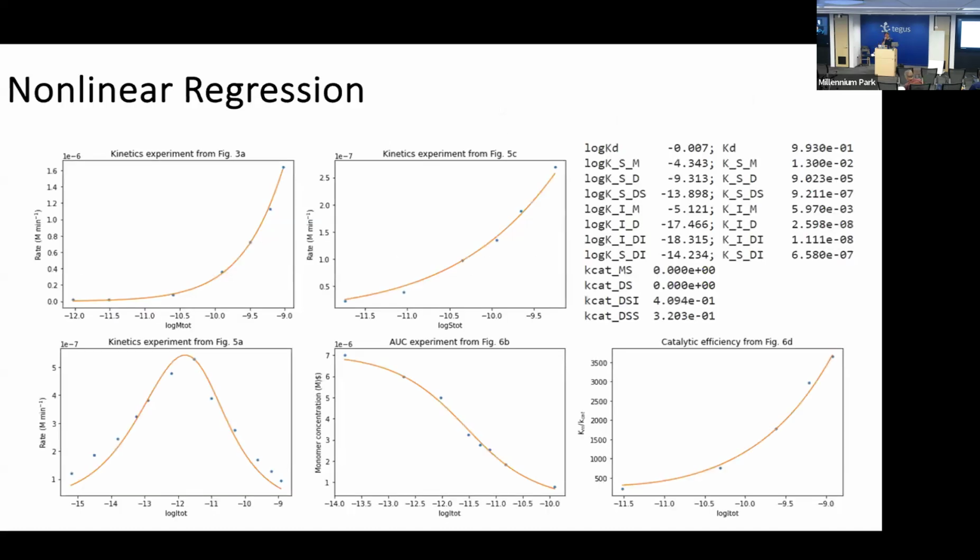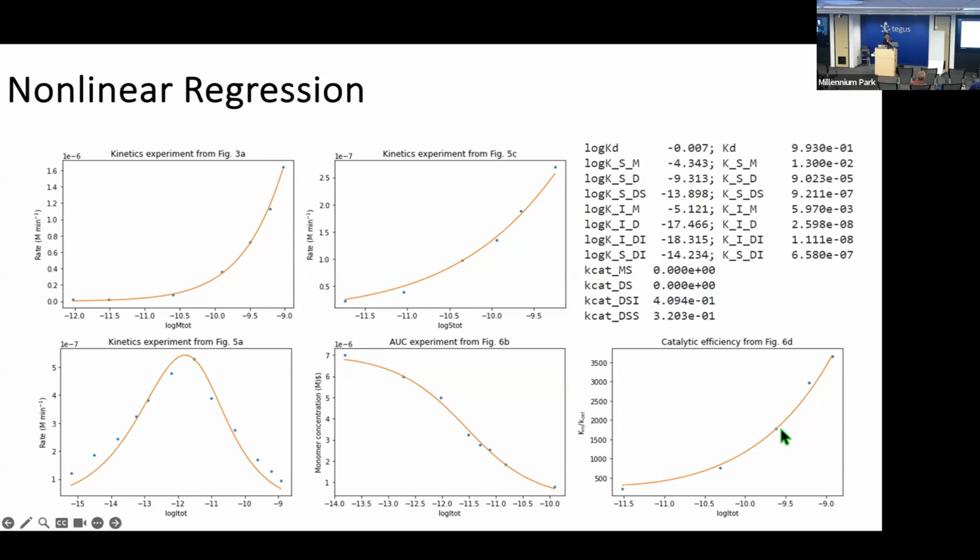Okay, so the first problem is if there's not a lot of data or a lot of different types of data, and we have a really complex model, then we can fit anything to that data. But we had this paper which had described many different experiments. And here's just a subset of the experiments. Different types of biophysical experiments, looking at how much monomer and how much dimer there is under different conditions, and looking at the rate of the reaction, a kinetics experiment.